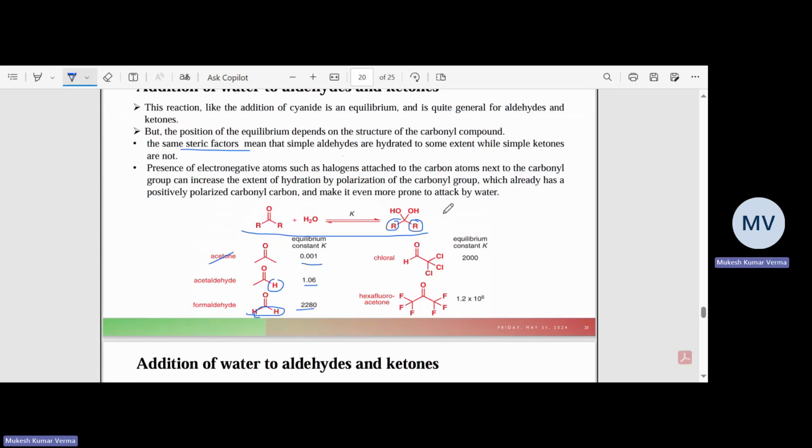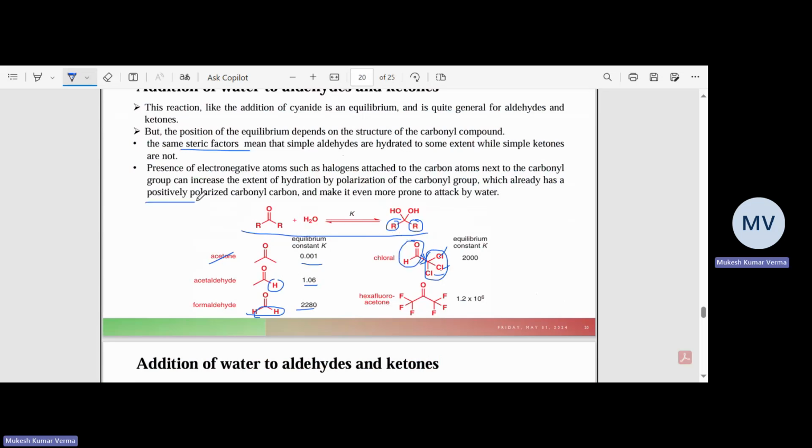And the second factor is the electronic factor. If we take electron withdrawing groups, electronegative groups, on the carbon atom next to the carbonyl carbon, then these groups attract the electron density towards themselves and increase the partial positive charge on the carbon atom.